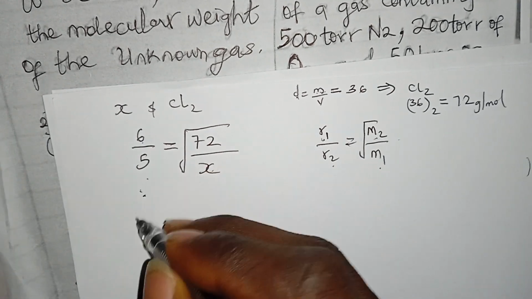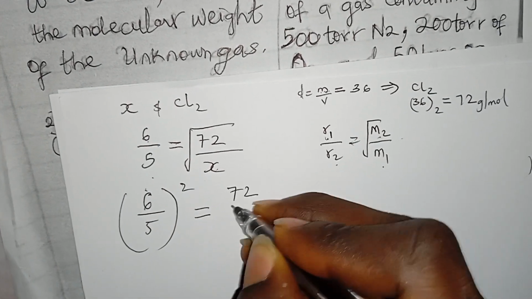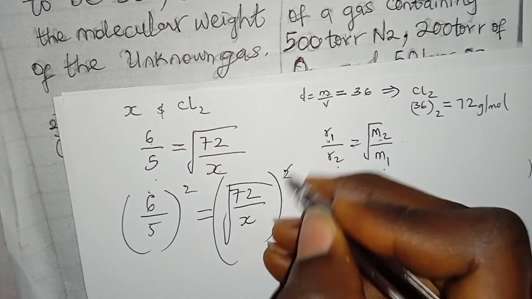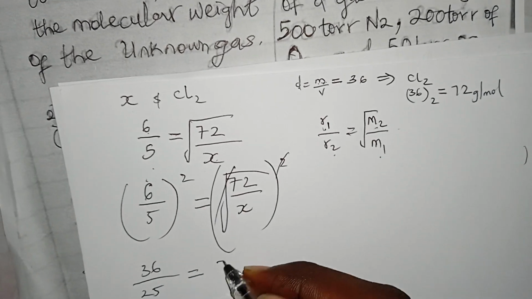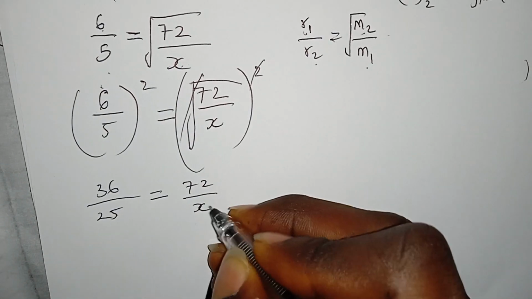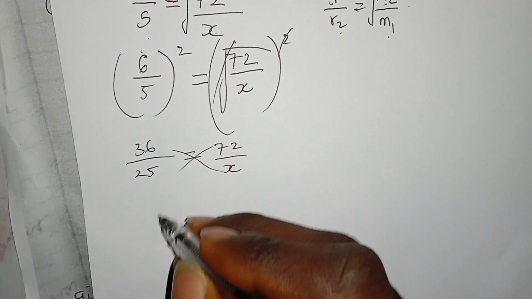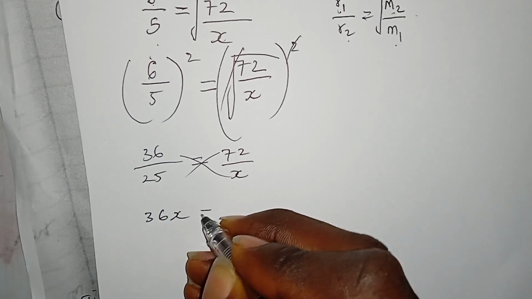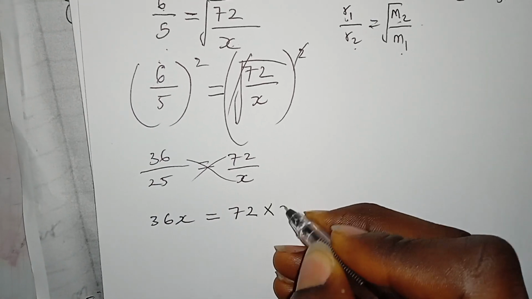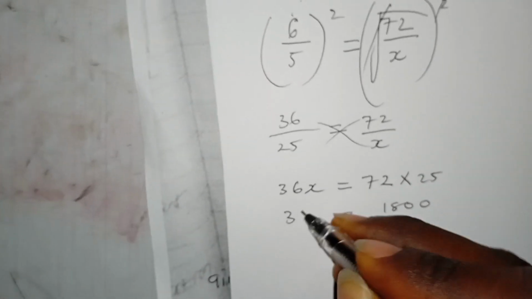So we have 6 over 5 all squared equals 72 over X. Cross multiply, so that I have 36x equals 72 times 25, which is 1800.